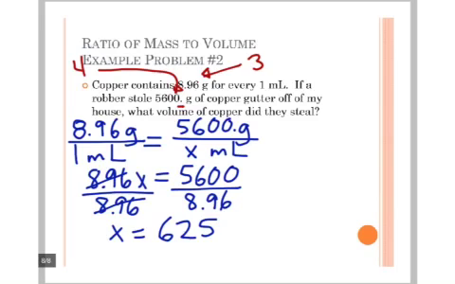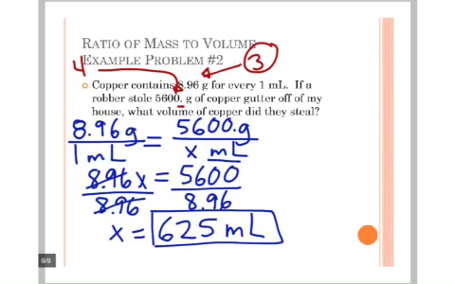When there's a decimal present, trailing zeros are significant. So of those two numbers, 3 is smaller. My answer should have 3 significant figures. Hey, wait, it already does. So I just need a label. We were trying to find milliliters. So my answer is 625 milliliters is the volume, the space taken up by 5,600 grams of copper.